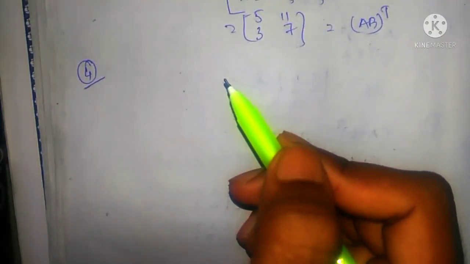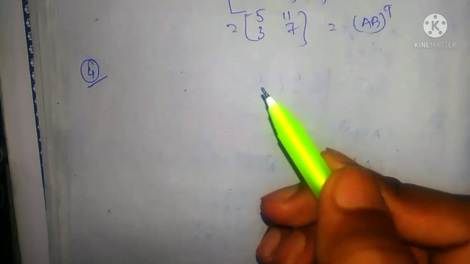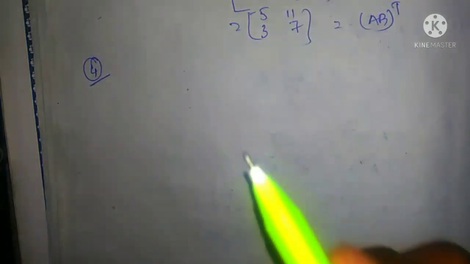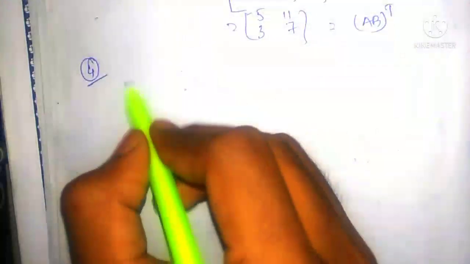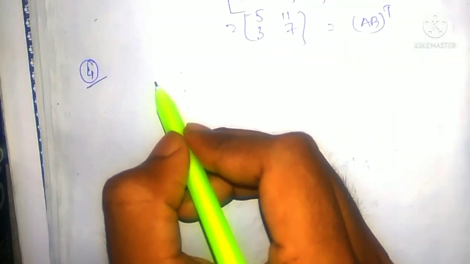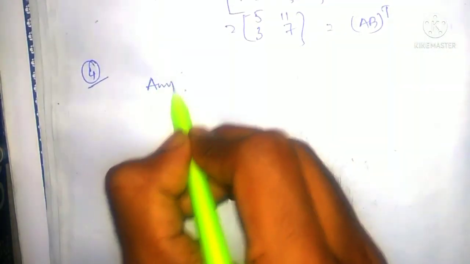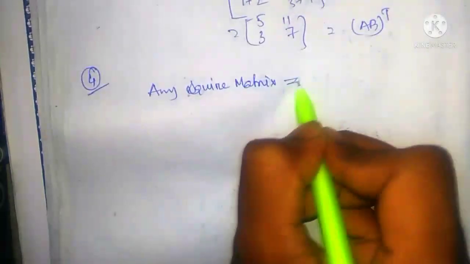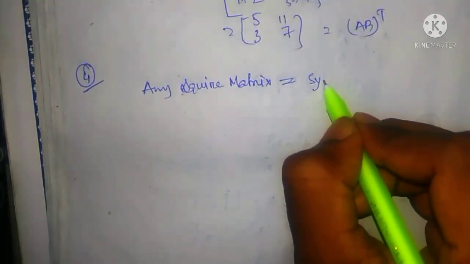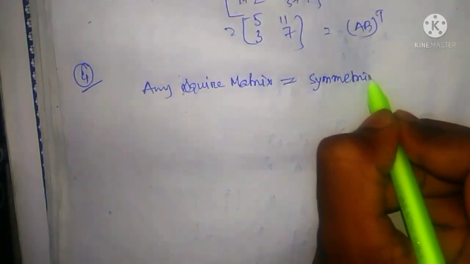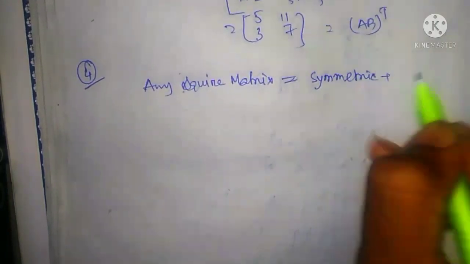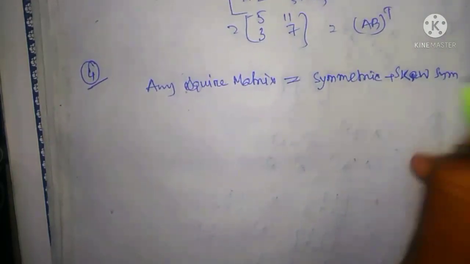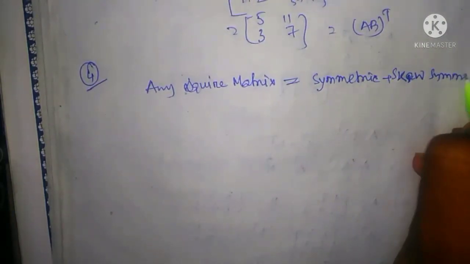The fourth and last, and important, property is that any square matrix we can produce as the sum of a symmetric and a skew symmetric matrix. So any square matrix we can produce as a symmetric plus a skew symmetric matrix summed up.